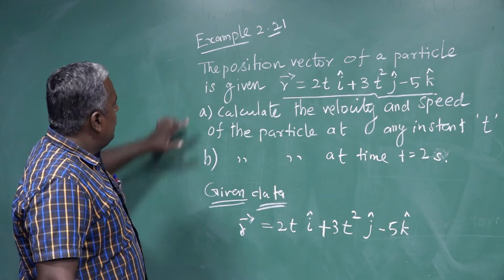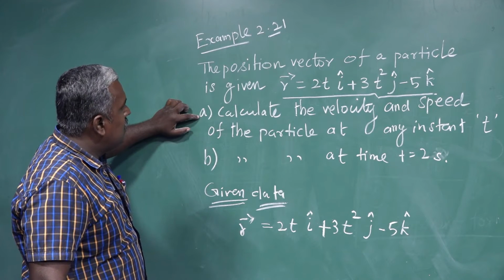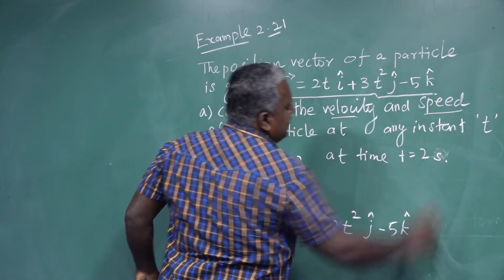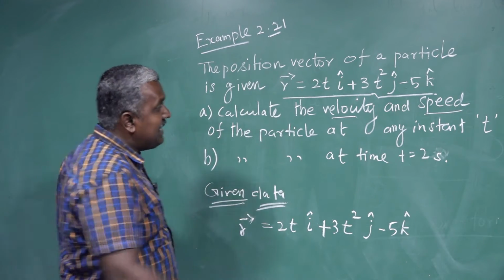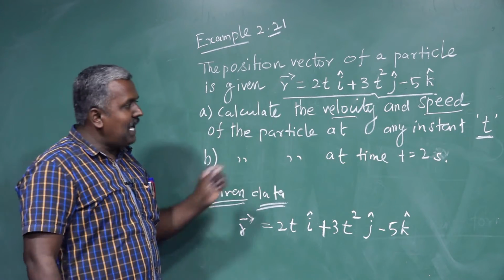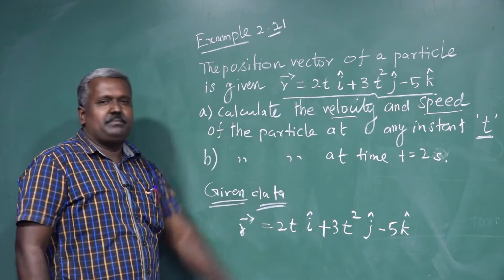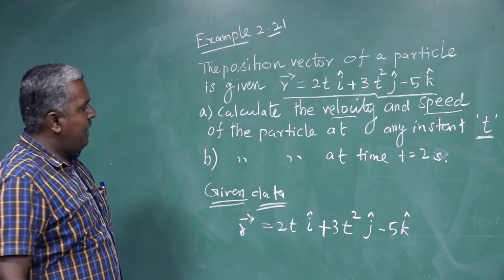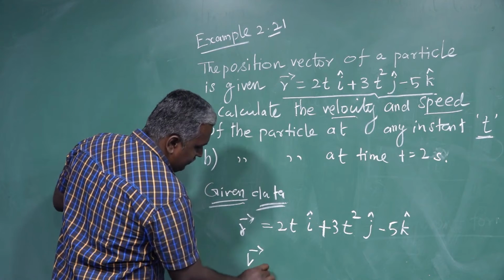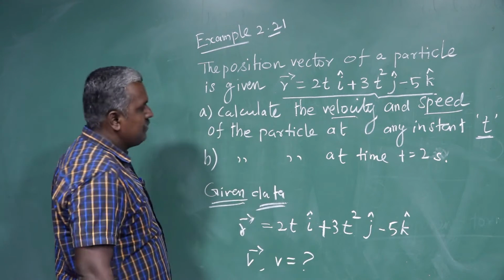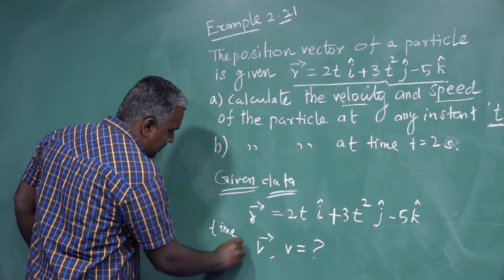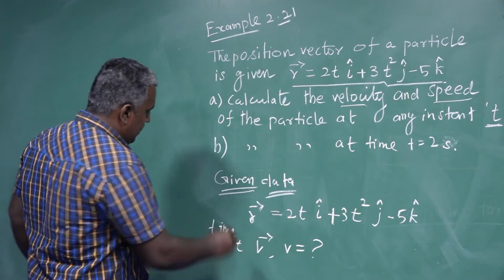First we should find the velocity and speed of the particle at any instant t. What is the time? We don't know. The time is here t. That's all. Any instant t. And again we should find out the time is equal to t.